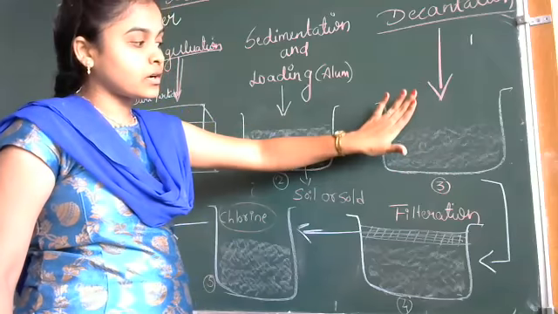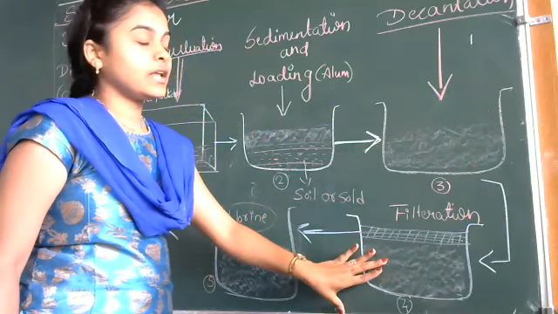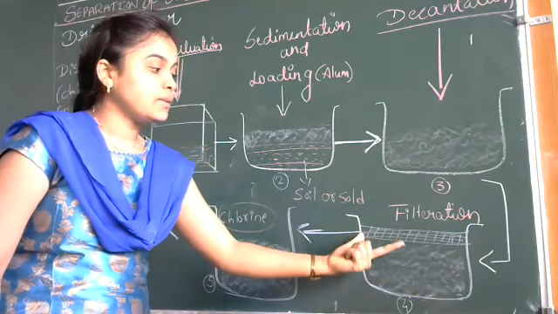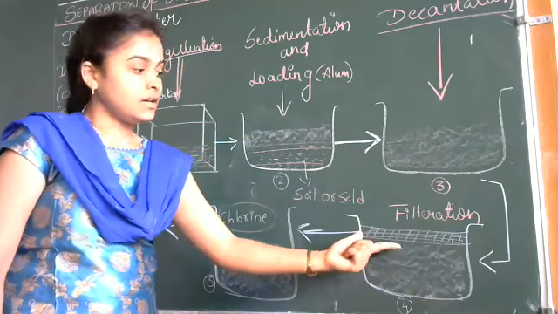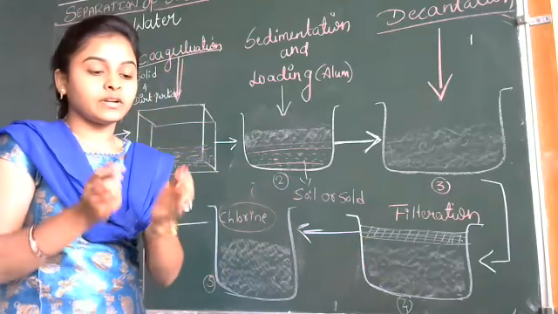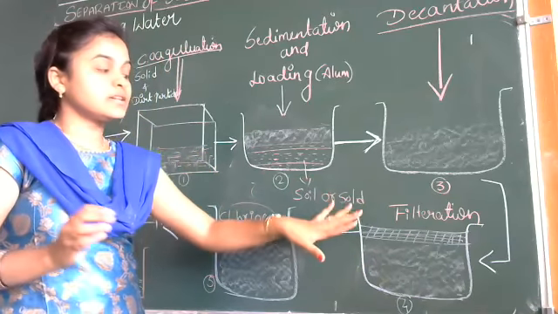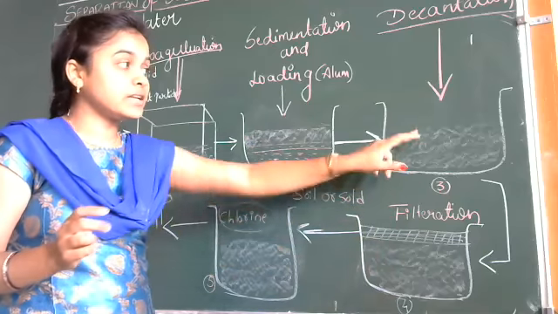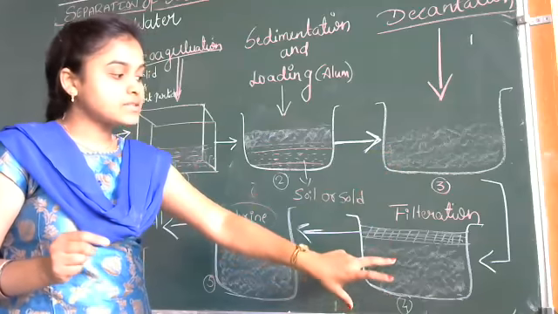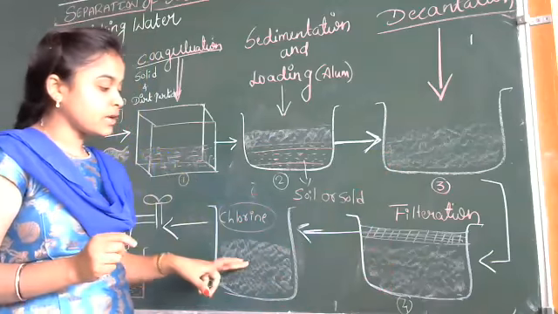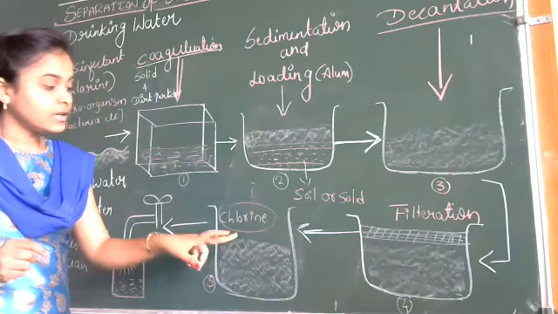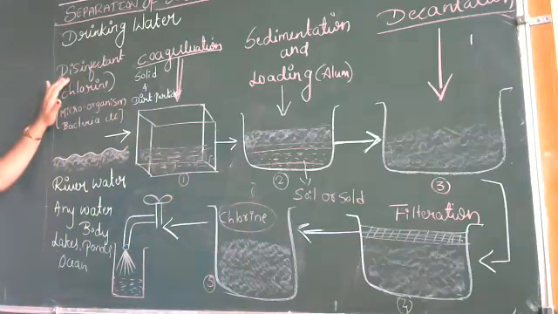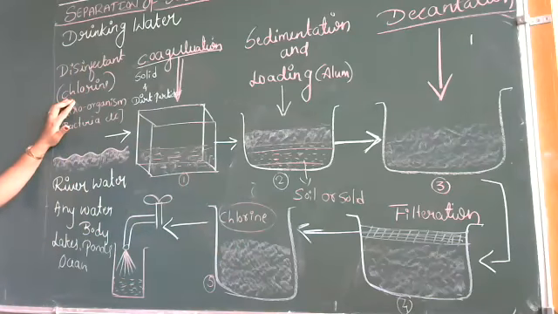Next, this decanted water is sent to the next tanker where the filtration process is done with the help of filters. For filters you can take filter paper, but filter paper is small. In this case, many filters are used to filter that decanted water. Next, this filtered water is sent to the next tanker where disinfectants are used. For example, here we are using chlorine.